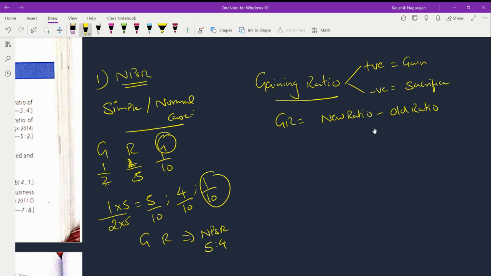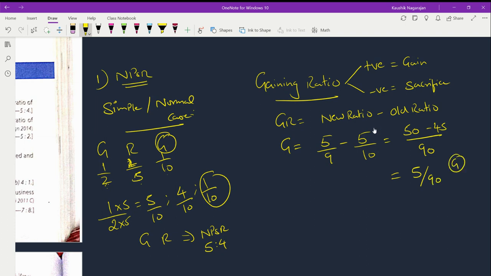So first I'm using it for G. The new ratio for G is 5 by 9 minus the old one, 5 by 10. Now find out the LCM between these two. This gives you the LCM as 90. So 10 into 5 is 50 minus 9 into 5, which is 45. So this gives me 5 by 90 positive.